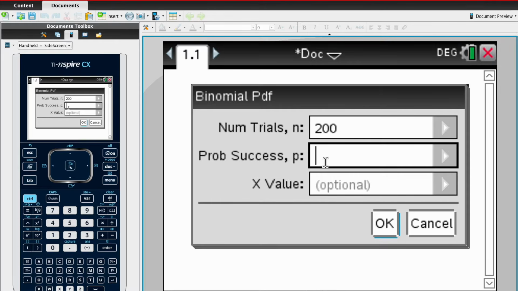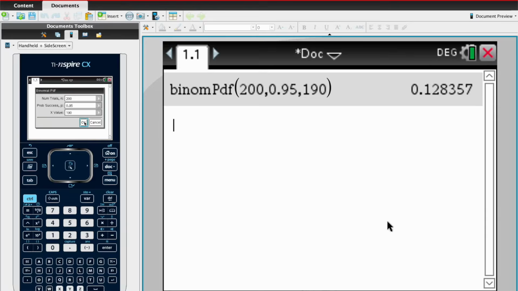The probability that any one of these individual components passes is 0.95 or 95%. And we want to find the probability that exactly 190 components pass. In this case, the probability of 190 components passing is 0.128 or 12.8%.